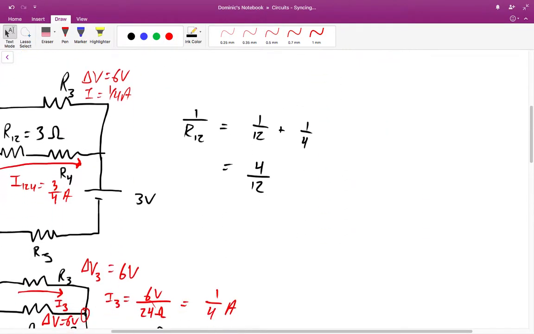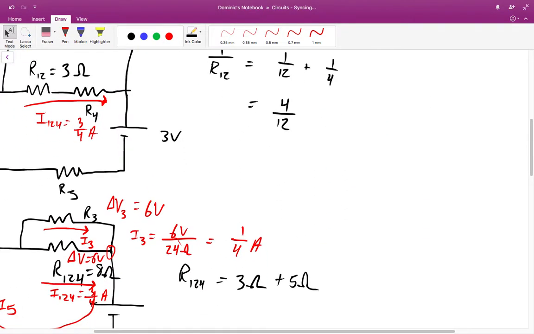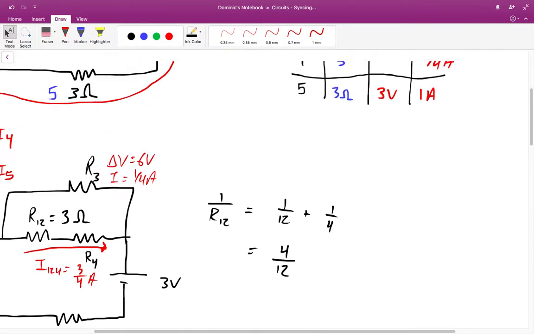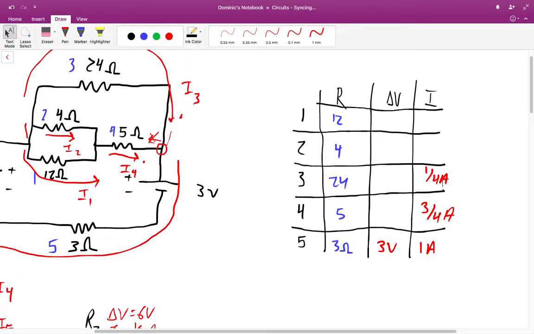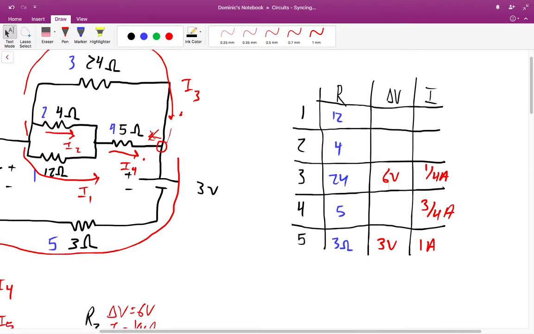I forgot to write stuff in for resistor 3. Resistor 3, I3 was 1/4 amp, so I'll write that in. We have 1/4 amp, and we found the delta V was 6 volts, so I'm going to write that also. 6 volts.